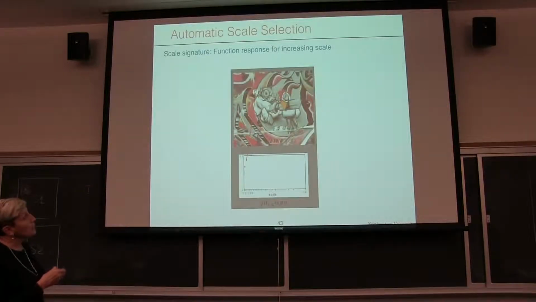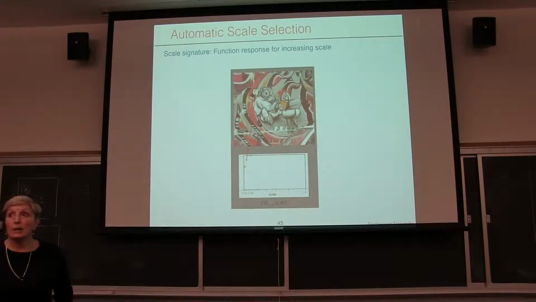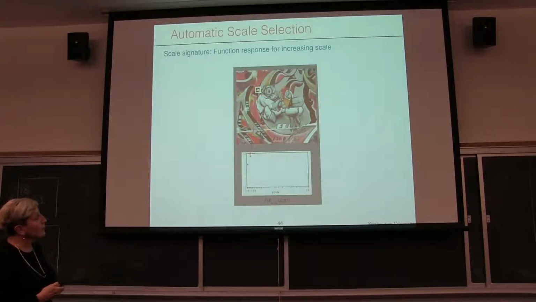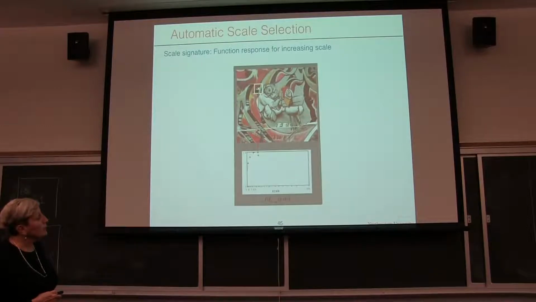So what we will do is we take this guy and we compute the average intensity in that neighborhood, and we plot that as a function of the size of the neighborhood. So here I have one value, then I increase the size of the neighborhood, and I compute the intensity. Keep doing that, and I get this plot, okay?